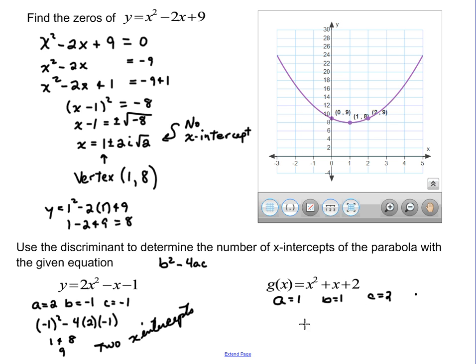So substitution into our discriminant gives us 1 squared minus 4 times 1 times 2, which is to say 1 minus 8, which is negative 7. So in this particular case, without doing a whole lot of work, we've come across a parabola that has no x-intercepts.